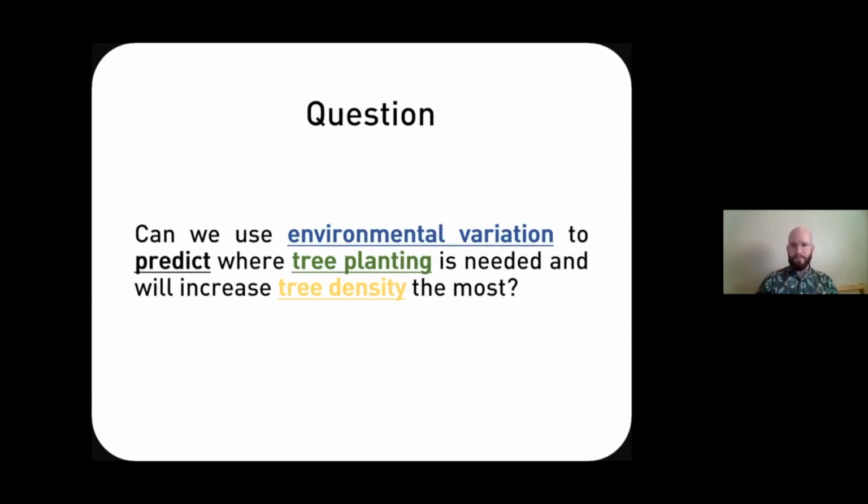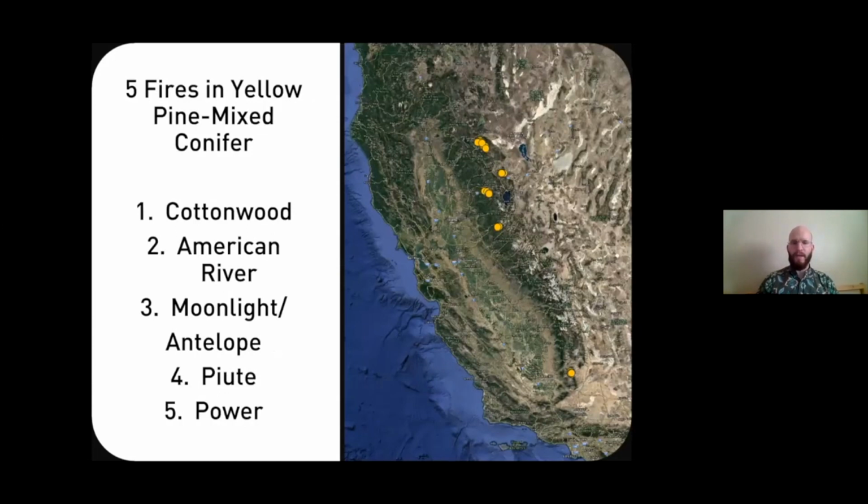So to do that, we established a study across 5 fires in the Sierra Nevada. We conducted it in the Cottonwood Fire, the American River Fire, the Moonlight Antelope Fire, Piute Fire, and the Power Fire, as you can see here.